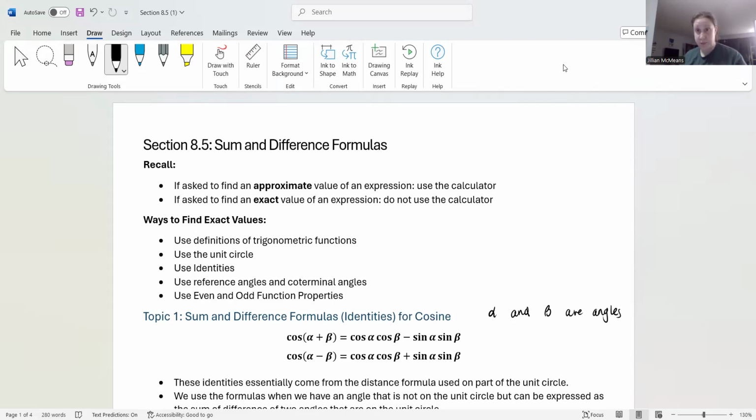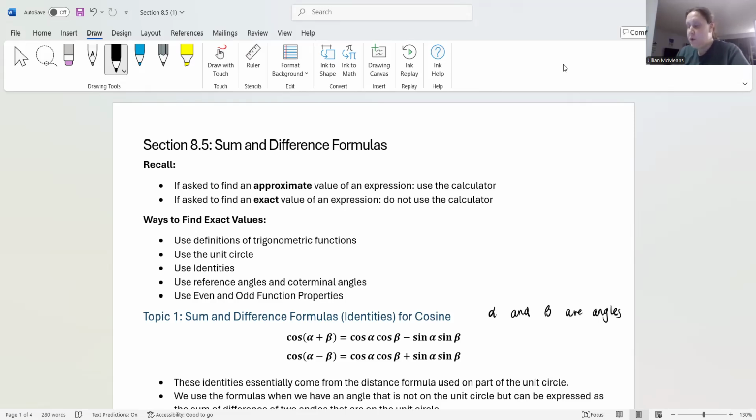we have a workaround. If you have cosine of alpha plus beta, the sum of two different angles, you can take cosine of alpha times cosine of beta, and then you subtract, so we flip-flop our signs there, sine of alpha times sine of beta. That works when you have an angle that can be broken up into a sum.